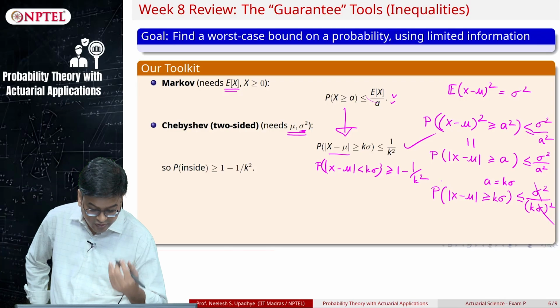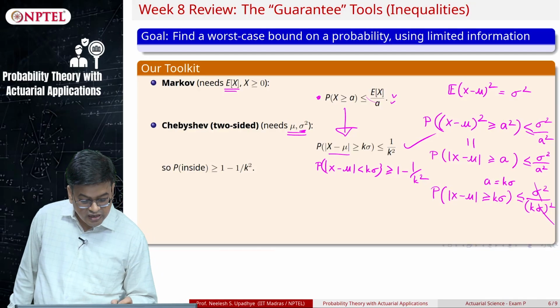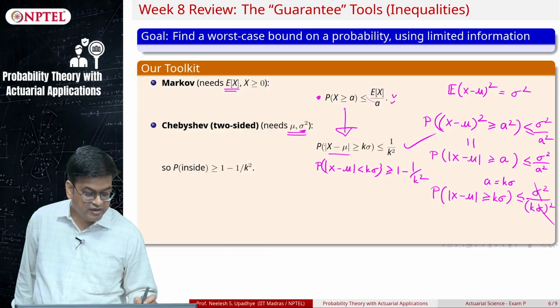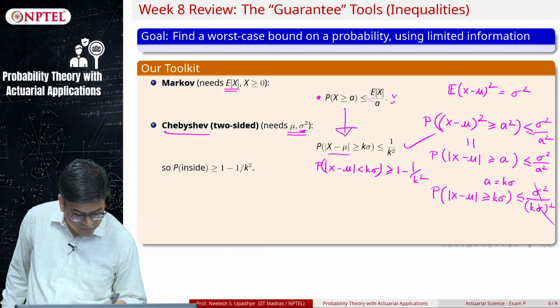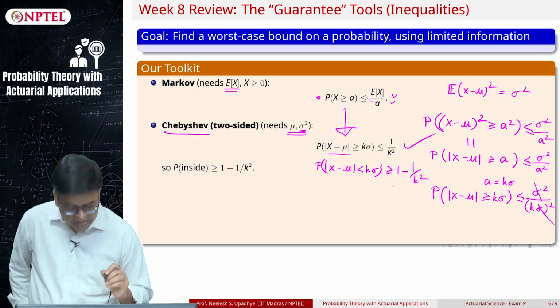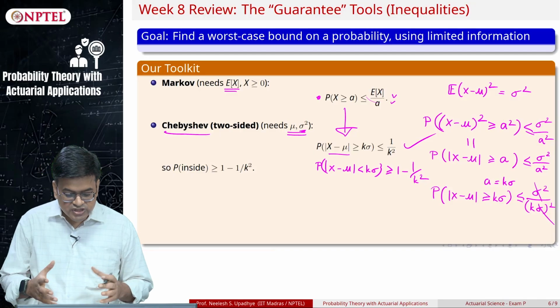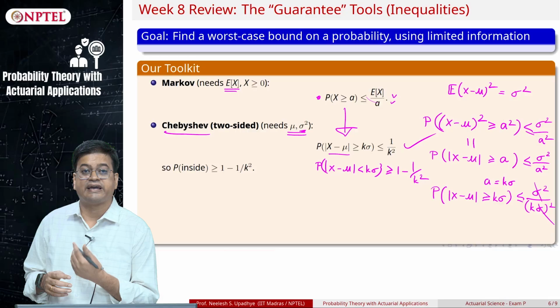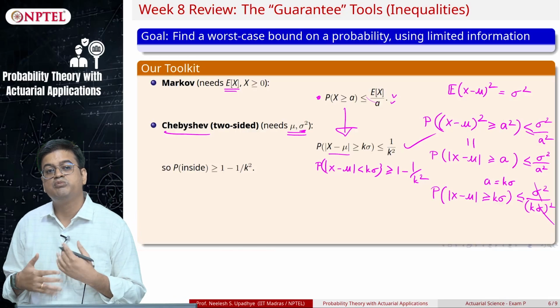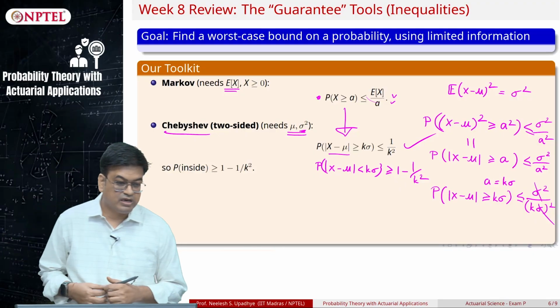So, using the same Markov inequality, I got another inequality attributed to Chebyshev, because he figured out another inequality which is valid for any random variable and which is giving me more precise bounds, because this controls the second moment. So, the bounds will be more precise. Okay, so that is our Chebyshev inequality.